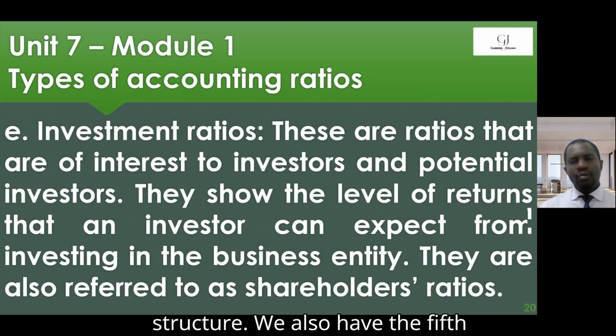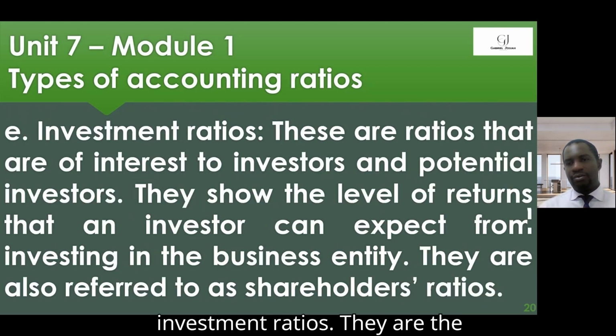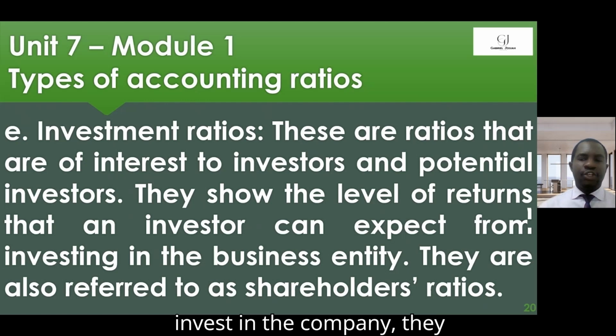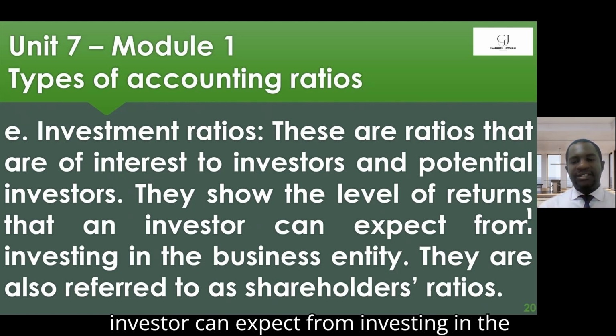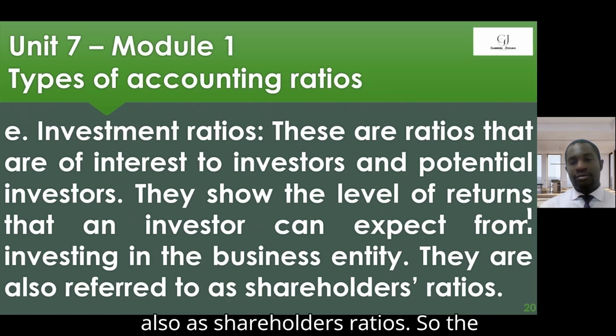We also have the fifth one, the final one, which is investment ratios. This is the interest of investors, potential investors, people that invest in the company. They show the level of returns that an investor can expect from investing in the business entity. They are referred to also as shareholders ratios.